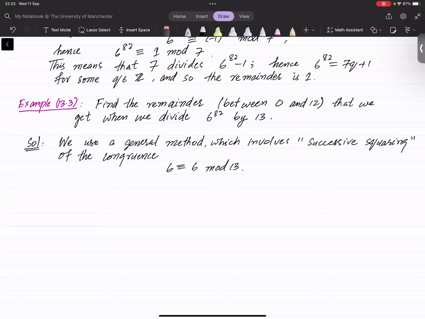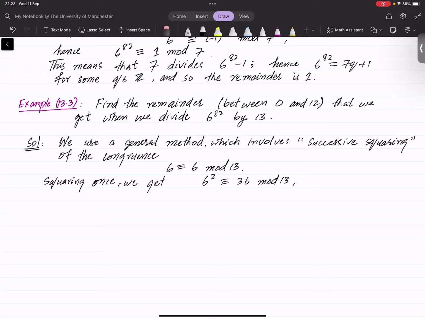Now squaring once, we get 6 squared is 36 mod 13.